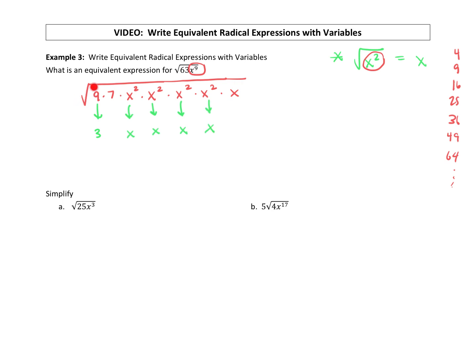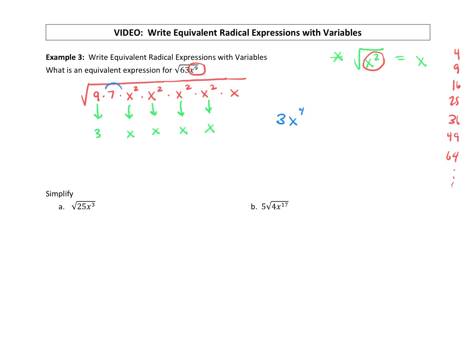When we are square rooting just an x, we don't have enough x's to square root, which is why that is going to stay underneath our square root. Everything I have taken the square root of is going to go out in front of our radical. We have a 3 times x times x times x times x, which is 3x to the 4th power.